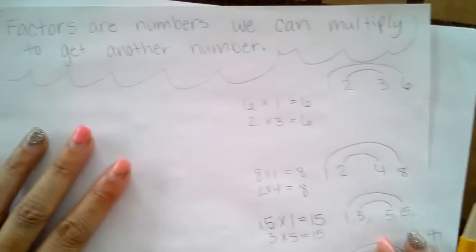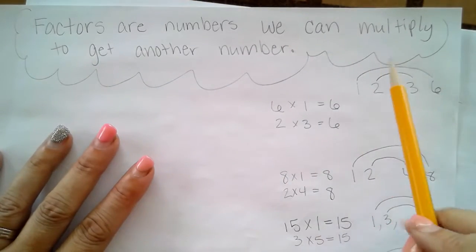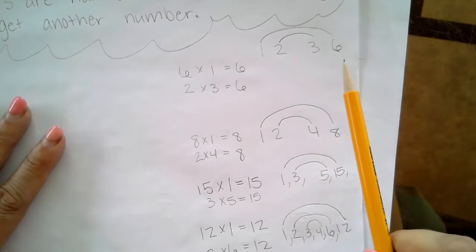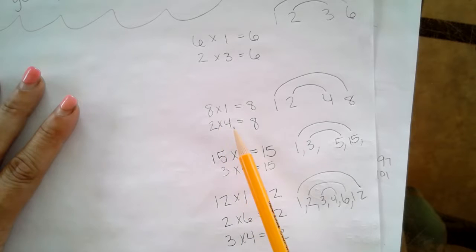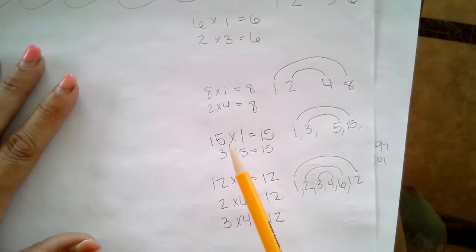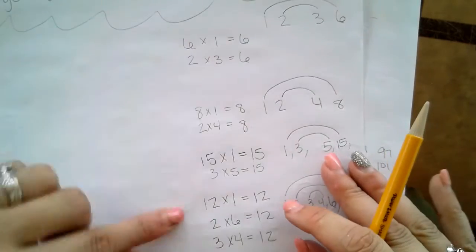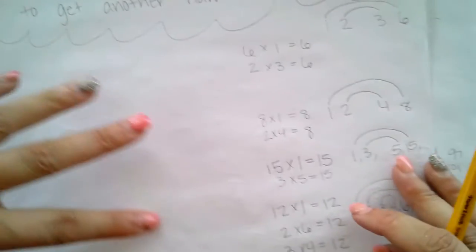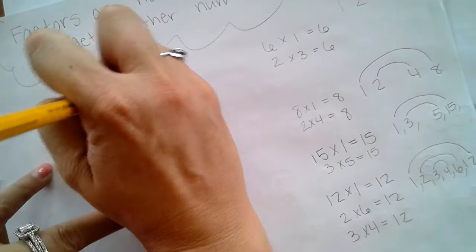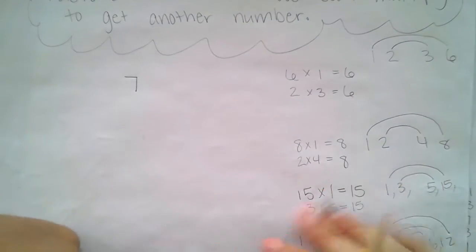We're going to look at today, factors are numbers we can multiply to get another number. So like 2 times 3 equals 6. Or 2 times 4 equals 8. Or 3 times 5 equals 15. So these are factored out. What about the number 7? Let's take that number.